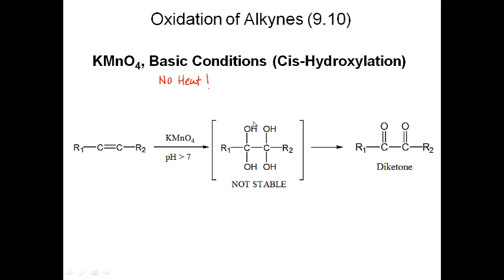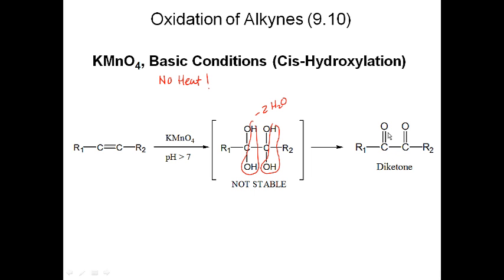And so this molecule ends up losing 2 molecules of water. So this ends up losing 2 H2Os, and it ends up forming what's called a diketone, where the 2 carbonyls are next to each other.